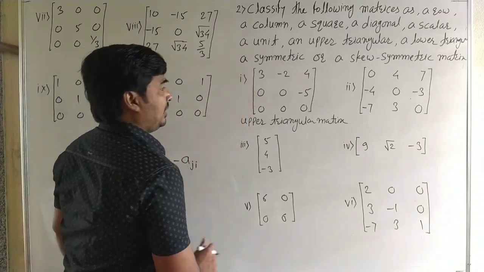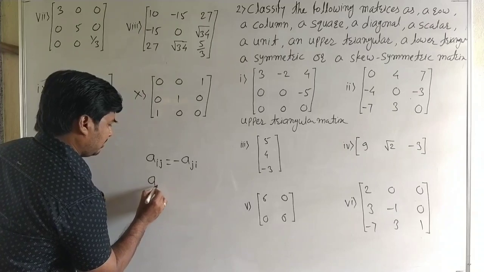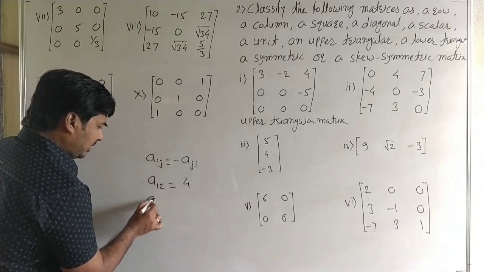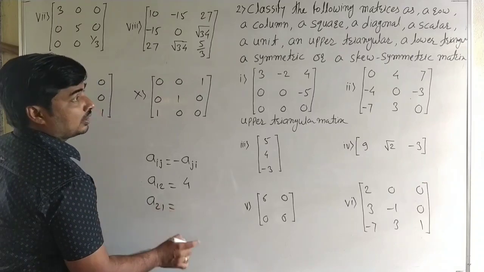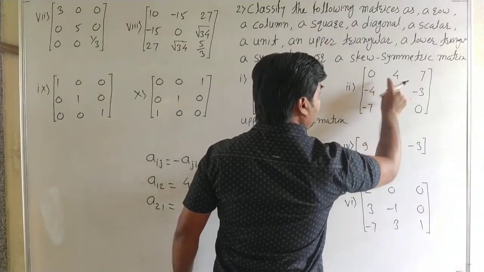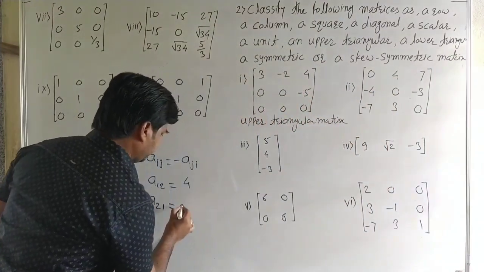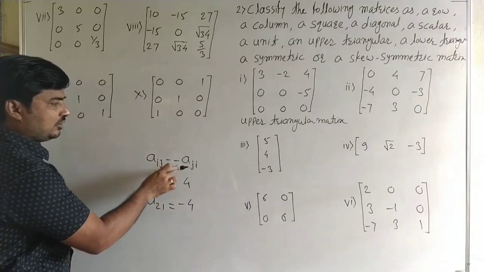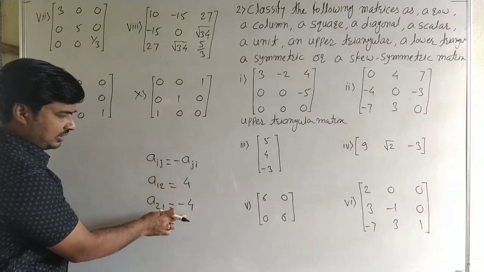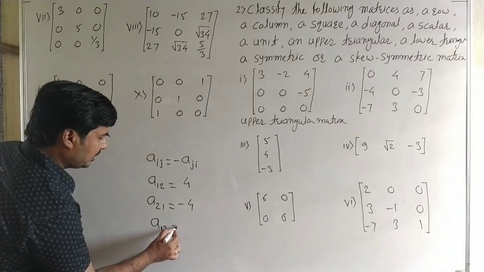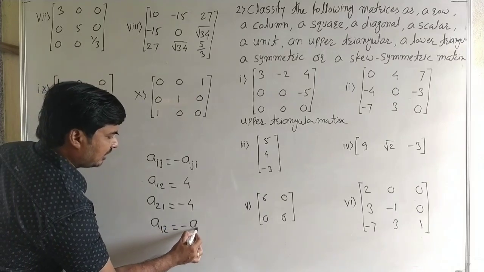Okay, the element A12 is 4, and A21, the second row first column, is minus 4. This condition is satisfied: Aij is equal to minus Aji, it is 4 and it is minus 4. That means A12 is equal to minus A21.